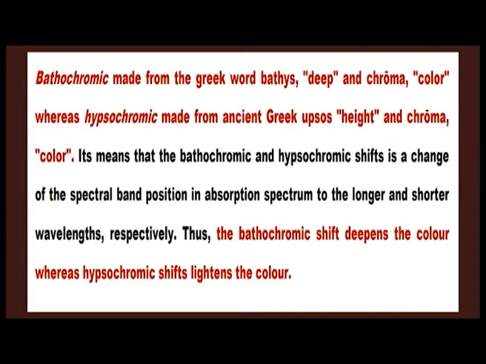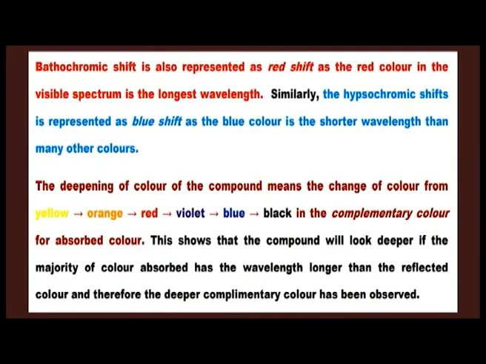Thus, the bathochromic shift deepens the color, whereas the hypsochromic shift lightens the color. Bathochromic shift is also represented as red shift, as the red color in the visible spectrum has the longest wavelength. Similarly, hypsochromic shift is represented as blue shift for a similar reason.